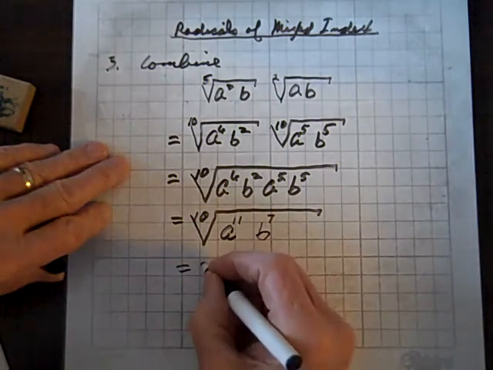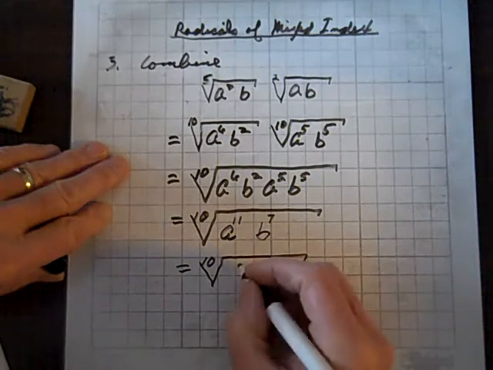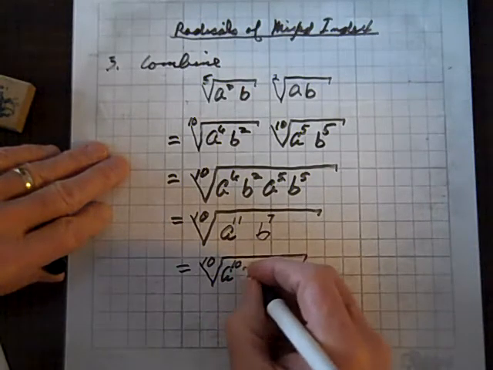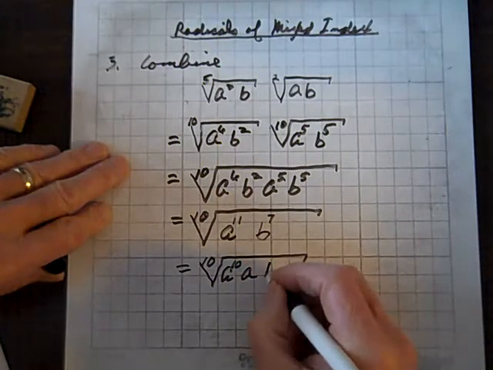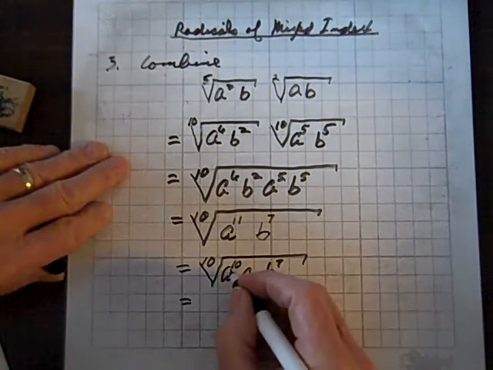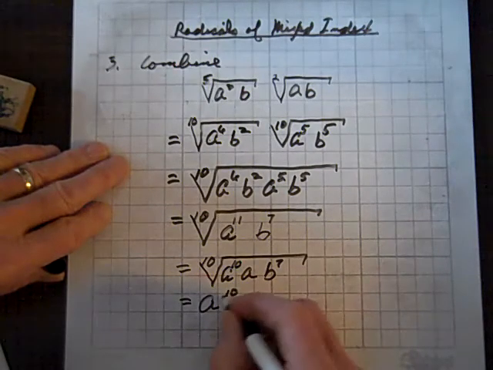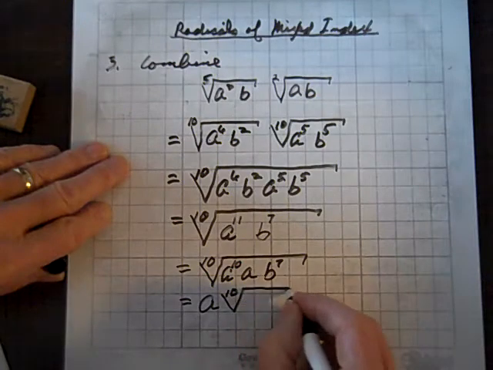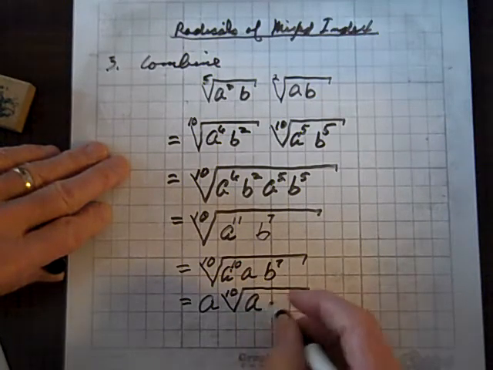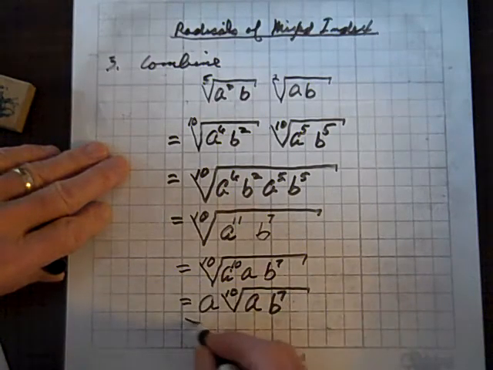And notice this is the 10th root of a to the 11th, which is the same as a to the 10th times a. b to the 7th is just b to the 7th. Well, the 10th root of a to the 10th is a, so we got that out of there. And what remains under the radical? Well, we still have a factor of a, and the b to the 7th remains, and we're done.